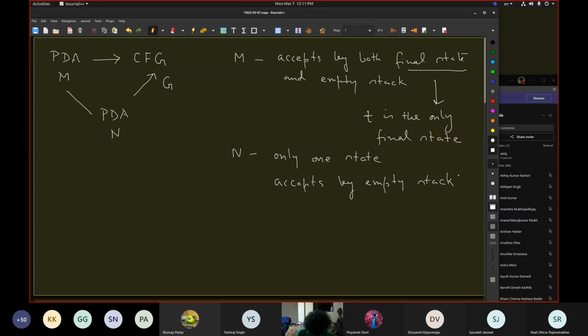Okay. So this conversion from M to N is very tricky. N to G is just the reverse of the CFG to PDA construction. So let us not worry too much about that step. So this step I need to explain, and this is where we stopped in the last week. Okay, so the construction M to N.